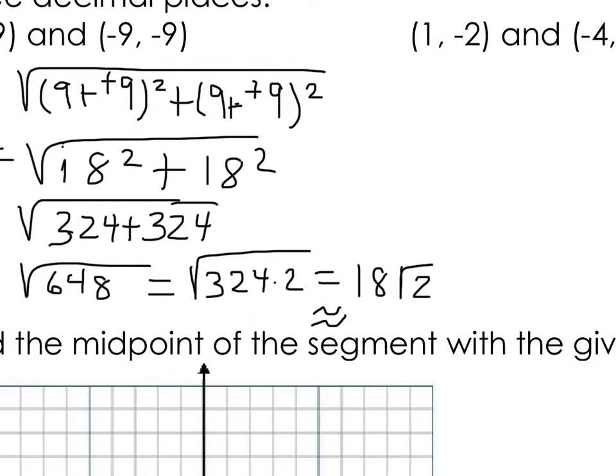So 18 times the square root of 2, 25.456, approximately. That's our distance between those 2 points.